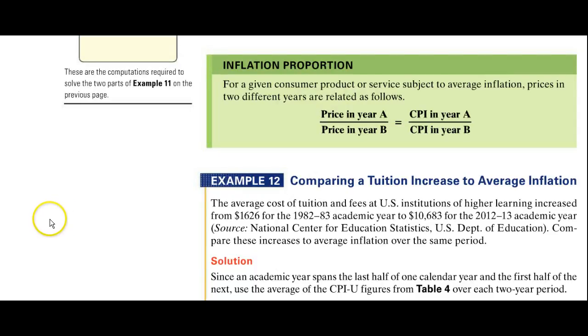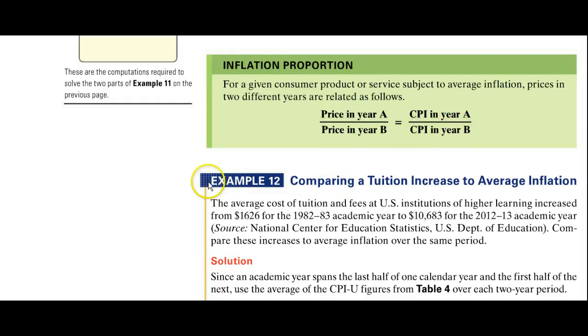Now, this is often of interest to students as well, inflation proportion. If you had the price from a certain year and the CPI of that same year, and the price of something in another year, and the CPI for that year, you can compare things.